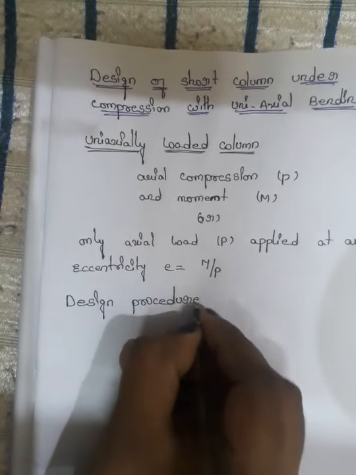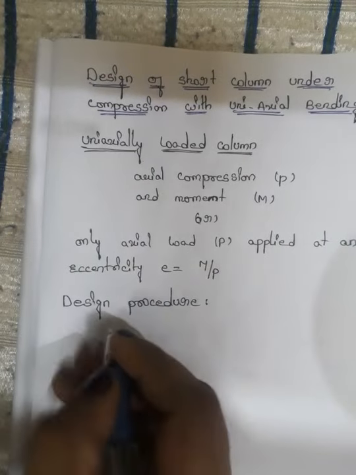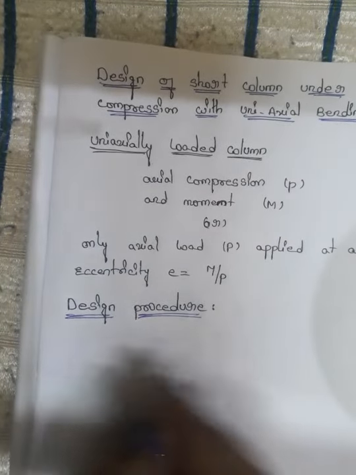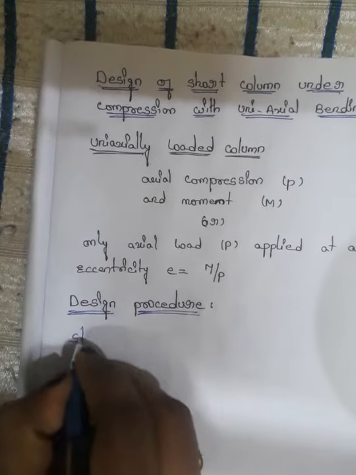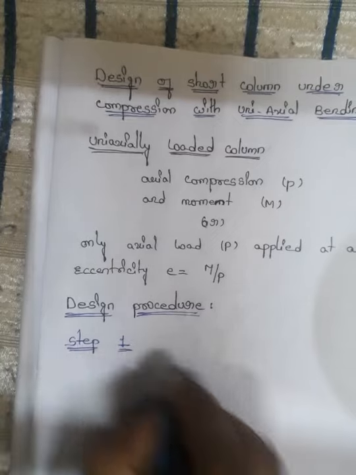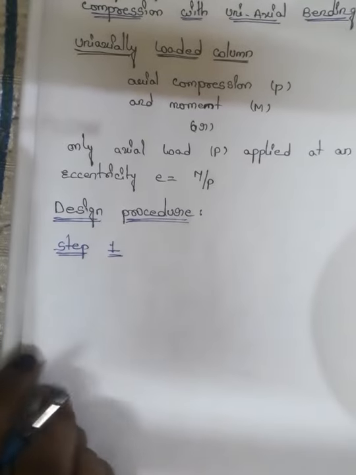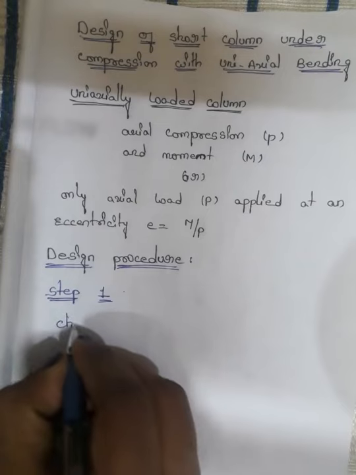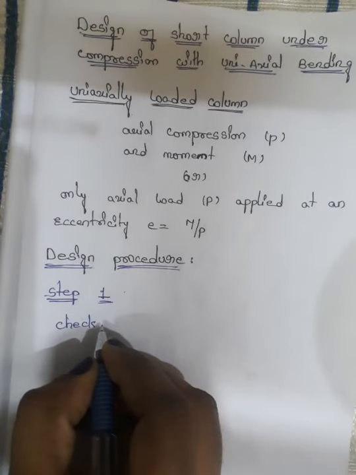So how do we design the uniaxially loaded column? Step 1: check the slenderness ratio.